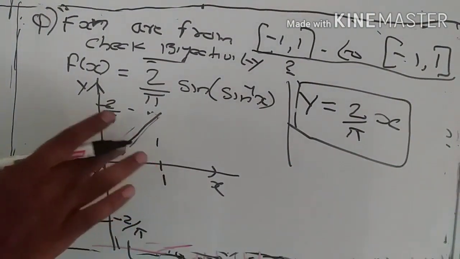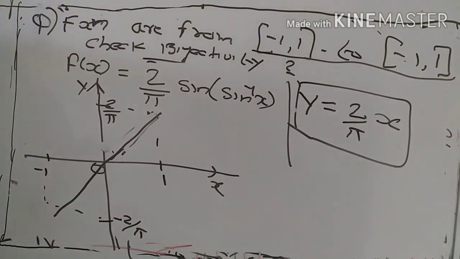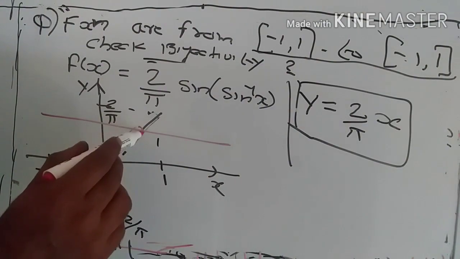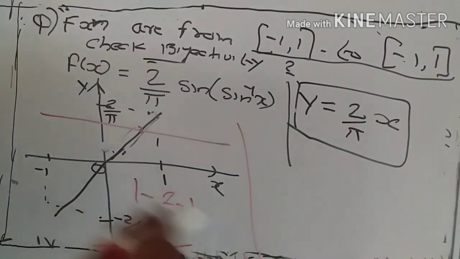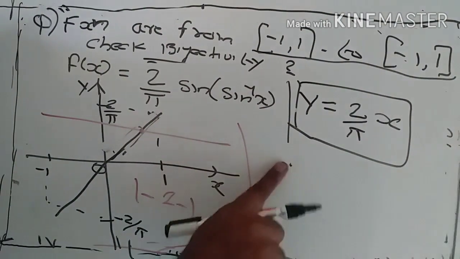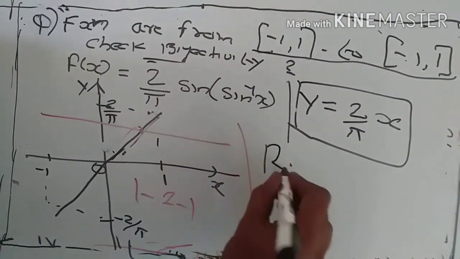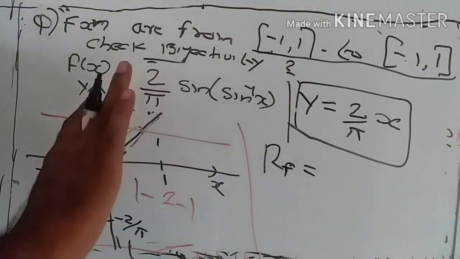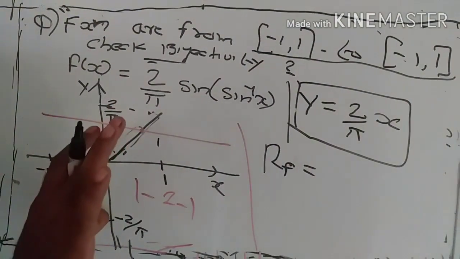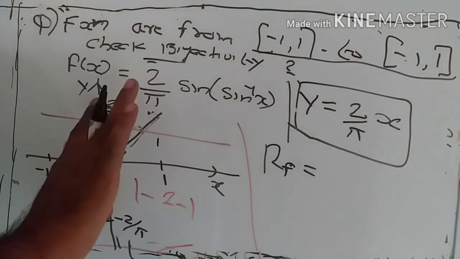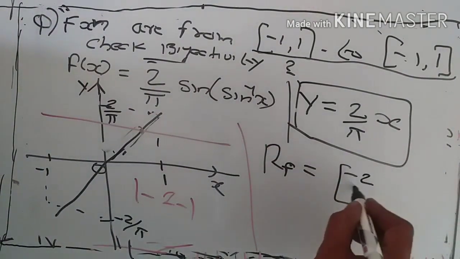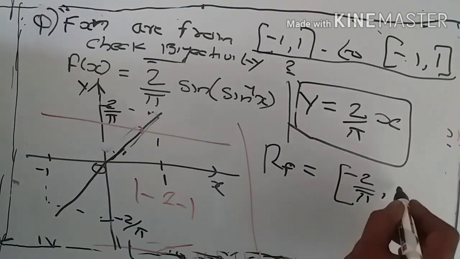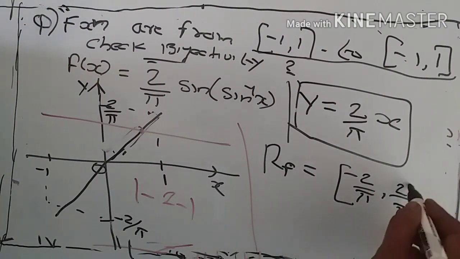This is the graph of the function. The straight line cuts only at one point, so the function is 1 to 1. Now check the range of the function. Range is equal to this height, from minus 2 by pi to 2 by pi.